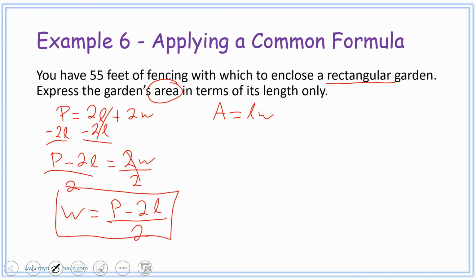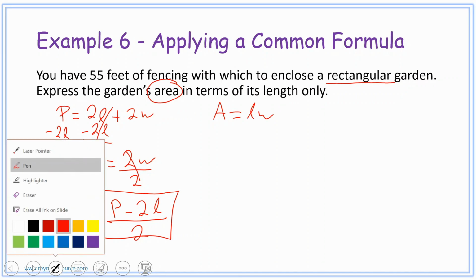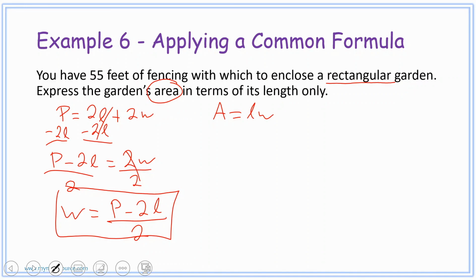And because we want this to be expressed in terms of area, we can now substitute that into the area formula, substituting the W for our W we just found in the perimeter. Now this will allow us to only have the variable L for length. So we have L times P subtract 2L all divided by 2.